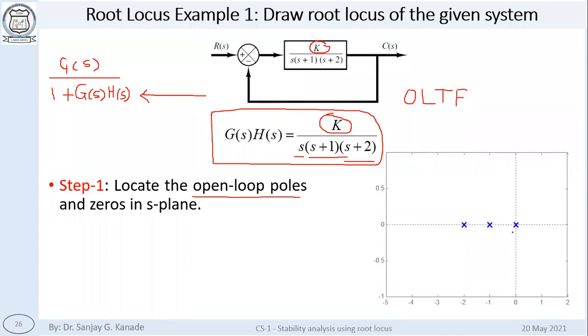So here are these 3 poles. All these 3 poles are on the real axis. These are real poles. Okay, so we have plotted them, and this is step 1.